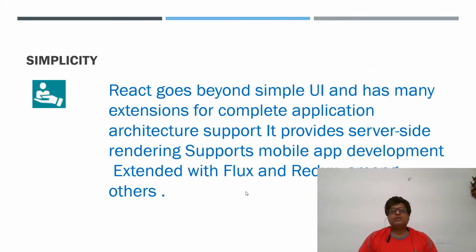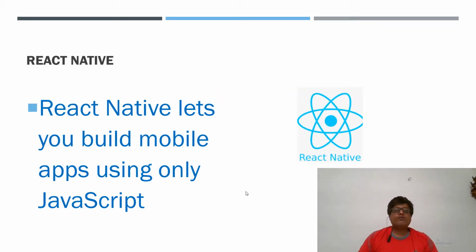Then, simplicity: React.js is very simple. React goes beyond the simple UI and has many extensions for components, applications, architecture and support. It provides server-side rendering, supports mobile apps, and development is extended with Flux and Redux, among others. React is also used for mobile applications, which is known as React Native.